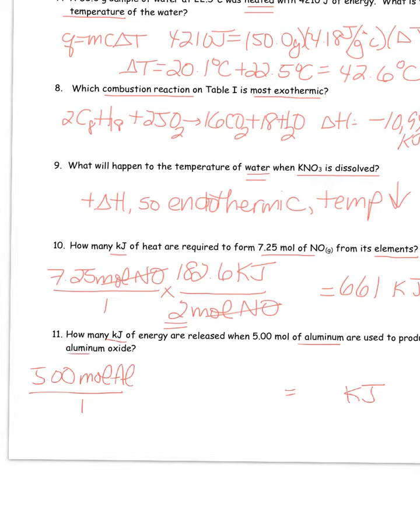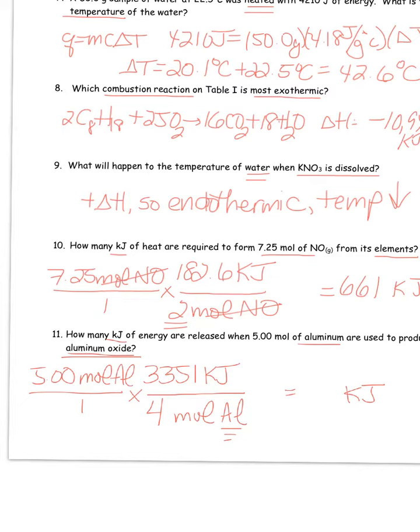So they're describing the synthesis of aluminum oxide. So I'm going to look at that synthesis reaction, and when I do that, though, I have to remember that the information I was given was about aluminum. So I find the aluminum in that reaction, and I see a 4 coefficient in front of that aluminum. And that's the coefficient that's going to go with my 3,351 kilojoules that I see on table I to go with that reaction. Simple as that.